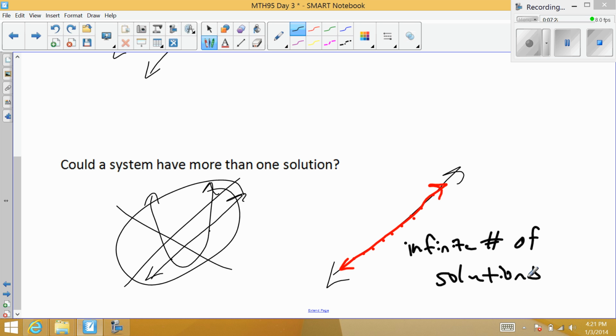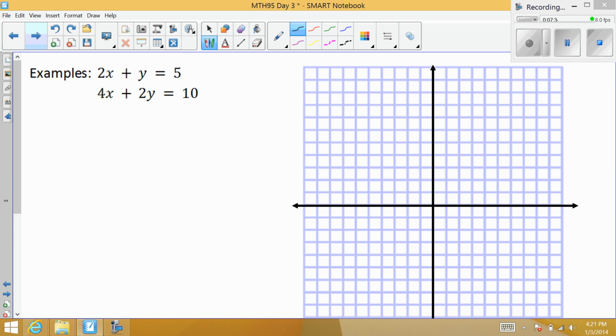Okay, so graphically, that's a nice way to look at these to get started. I've got another example here for you. Let's graph both of these. They're in the standard form, so we'll graph them using intercepts.